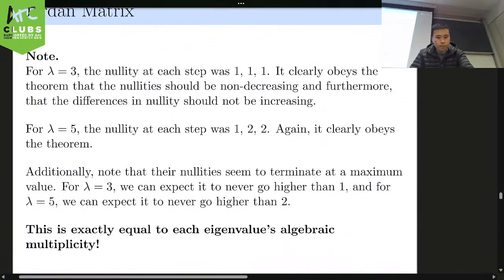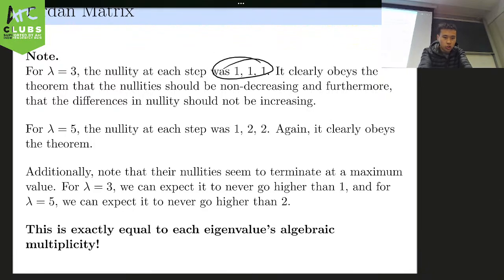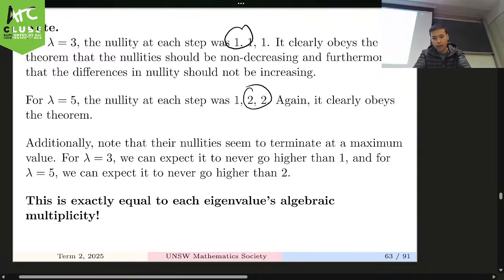Yeah, it's what I was saying there. The nullity just stops there, so as long as it's not decreasing, it's fine. If it's the same, it's fine. So same again here. The point here is that it terminates at this point. It just won't go higher.